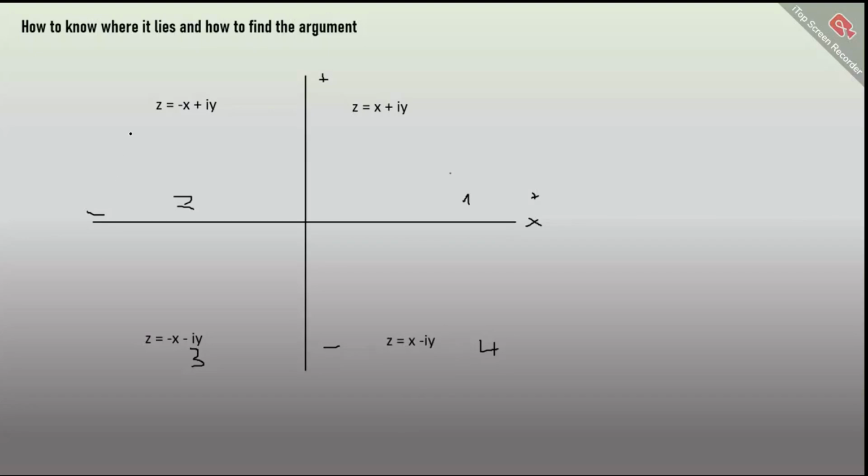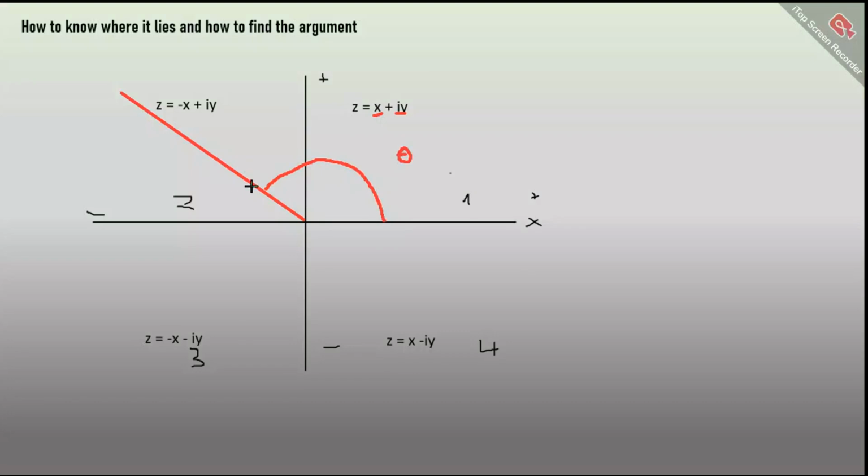Now let's talk about how to find theta in each of the quadrants. We talked about the first one. What about this one? Definitely simple. We said it's measured from the positive x-axis moving anti-clockwise. That is the point of reference. Now, you don't find theta directly in this case.